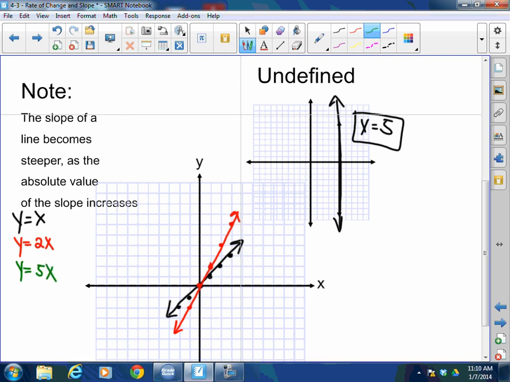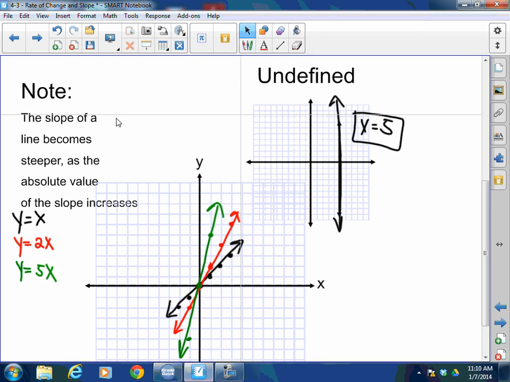You could really see the difference. And this would be my y equals 5x. So if you notice, the larger and larger the absolute value of the slope becomes, the steeper and steeper the graph becomes. Does that make sense so far?